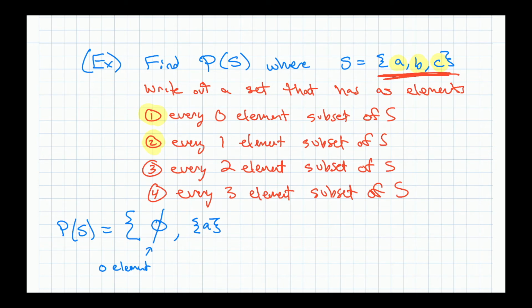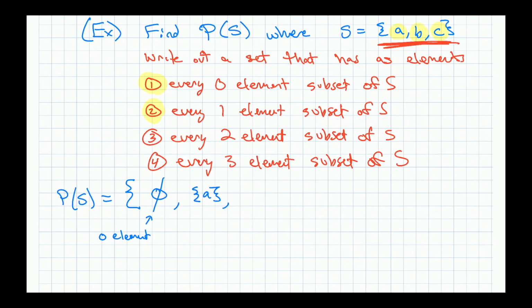But that's not the only one, right? There's 2 others. So the next one is that, and the third one is that. So these are your 1 element subsets, right? One thing in there.